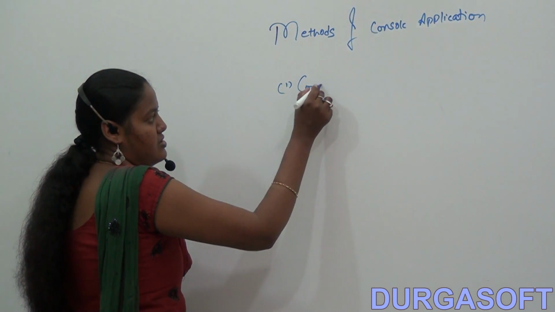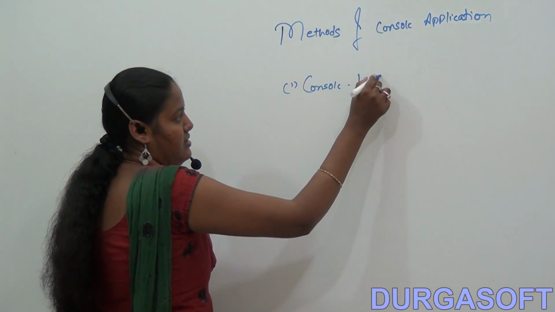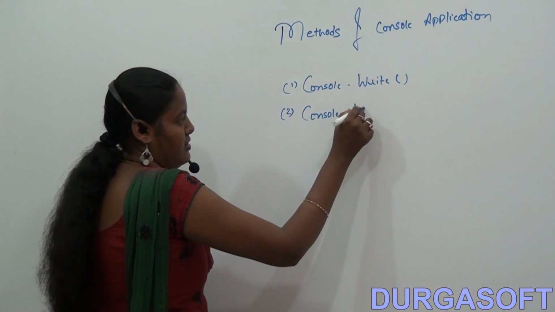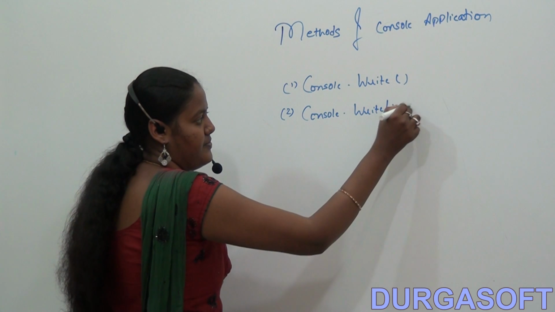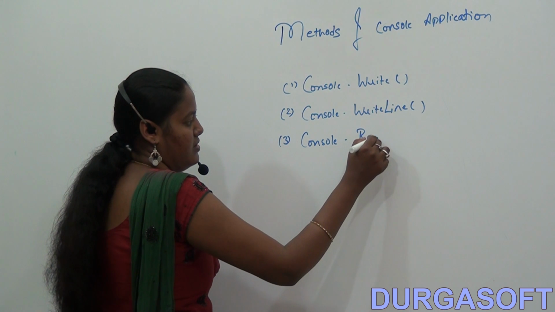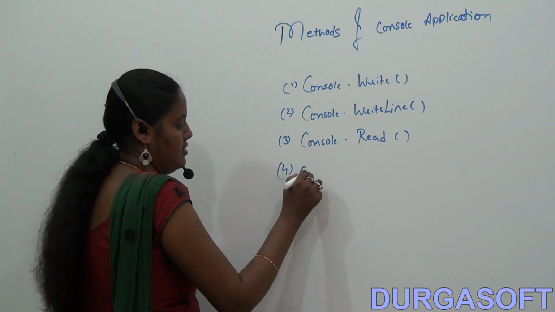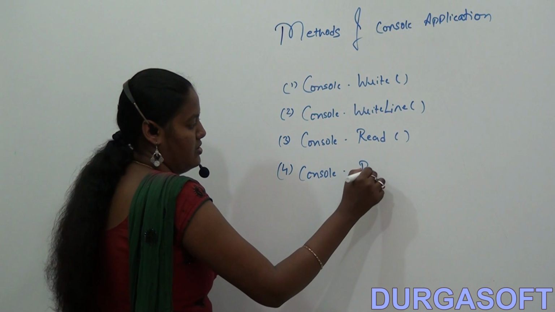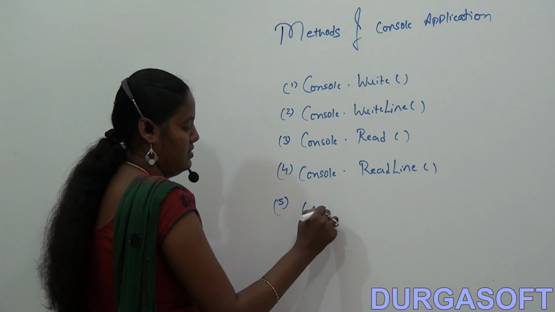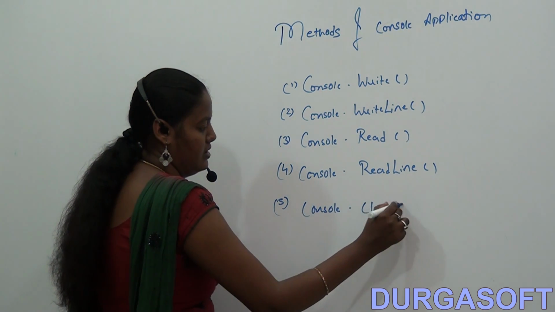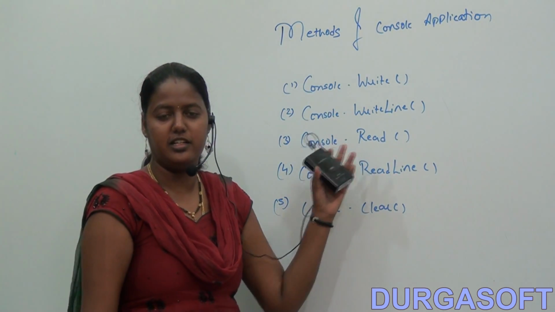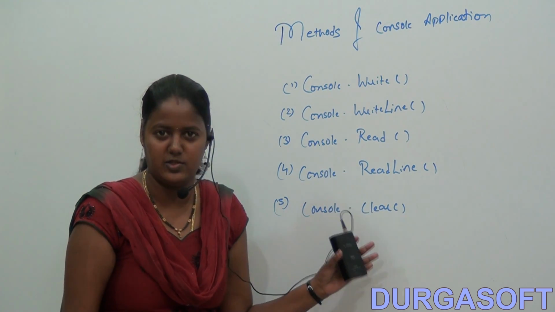First one we have console.write method, console.writeLine method, console.read method, console.readLine method, console.clear method. So here we have 5 types of method: console.write, console.writeLine, console.read, console.readLine and console.clear.